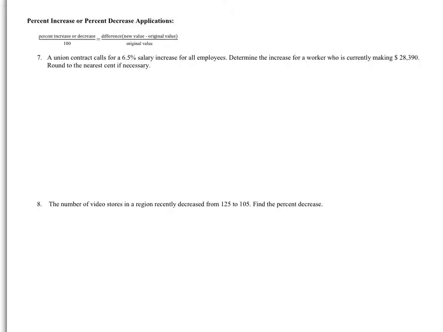In number 7, a union contract calls for a 6.5% salary increase for all employees, and we have to determine the increase for a worker who is currently making $28,390, and we're told that we can round to the nearest cent if necessary. Okay, so setting this up using the formula given to us, percent increase over 100 will take 6.5 over 100, and that is equal to the difference, new value minus original value, over the original value.